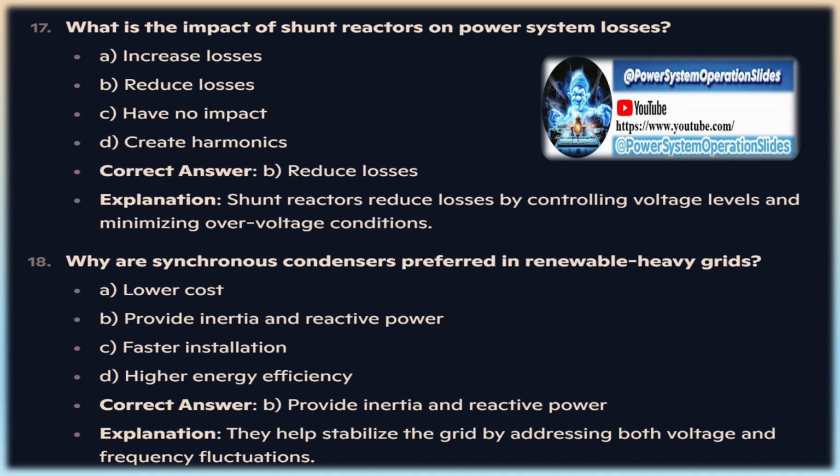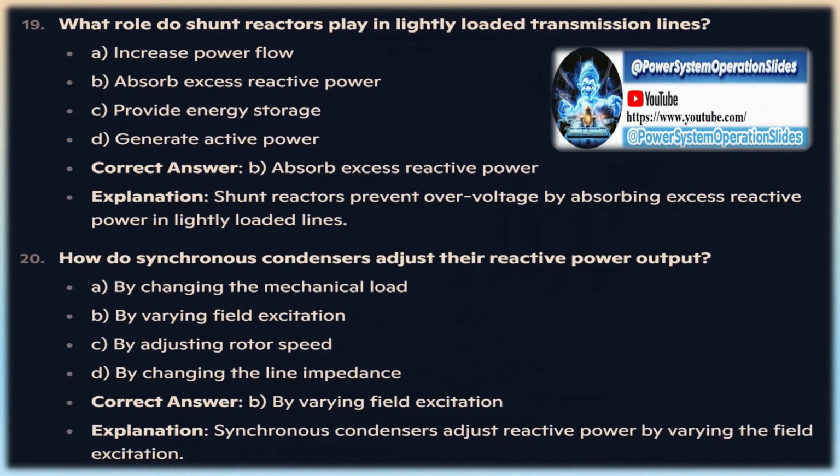By managing voltage levels, they contribute to the overall steady-state stability of the power system, though they do not provide dynamic reactive power support. Generally more cost-effective for specific applications compared to other reactive power compensation devices, making them a practical choice for voltage control in long transmission lines. Commonly used in long transmission lines in areas with low load demand to prevent excessive voltage rise and ensure voltage stability.